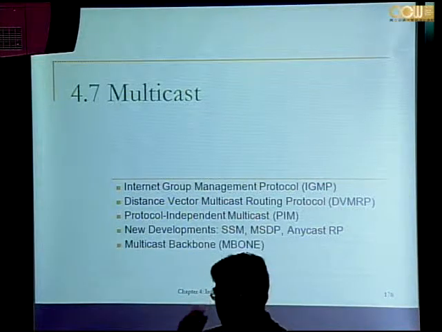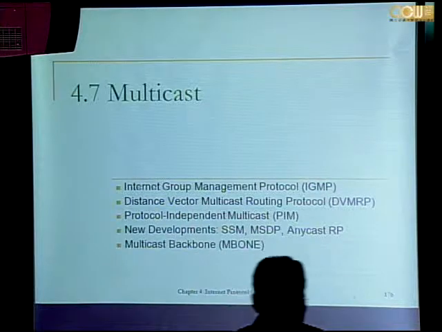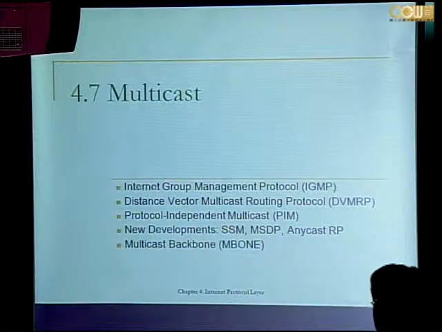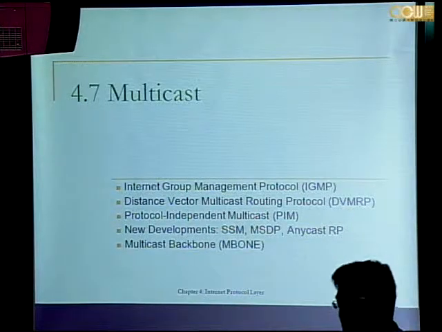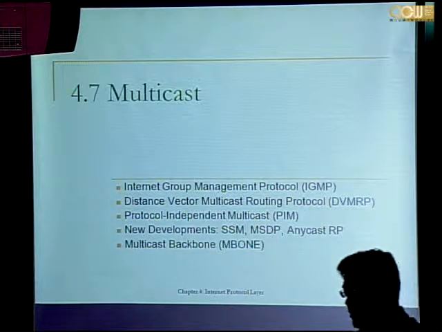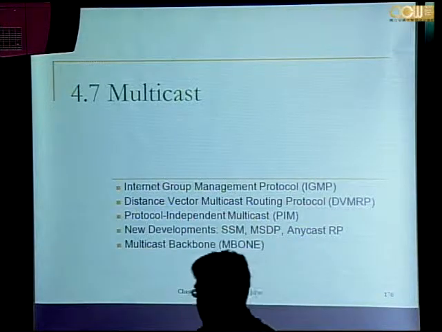We also talked about unicast routing, including RIP, OSPF, and BGP, where we see two kinds of routing strategies. One is called distance vector routing, and the other is link state routing.